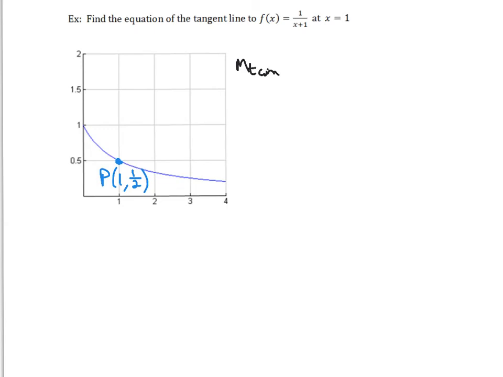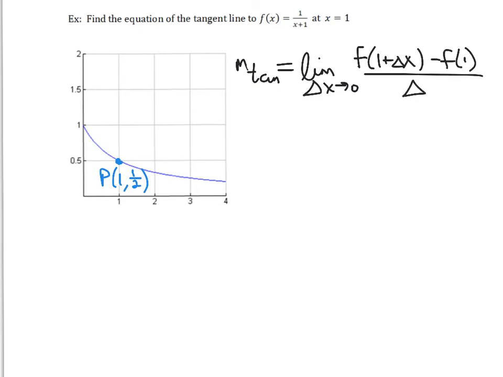Oops, sorry about that. I spelled that incorrectly. That's going to be equal to the limit as delta x approaches 0. Now this time our c value is 1, so I want f of 1 plus delta x minus f of 1, all over delta x.